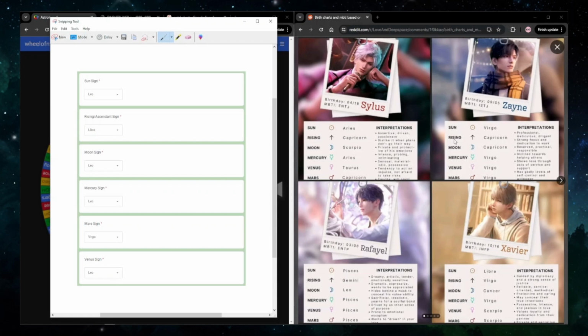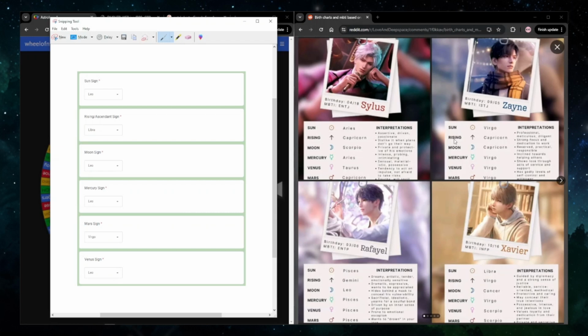But let's see how you match up with Xavier. So again, the sun sign in Leo for you and moon sign in Cancer for Xavier. Okay. Same situation with Silas, but whereas Silas likes to hide his emotions and has a very hard time expressing them, Xavier might feel a lot of emotions but express them more freely.